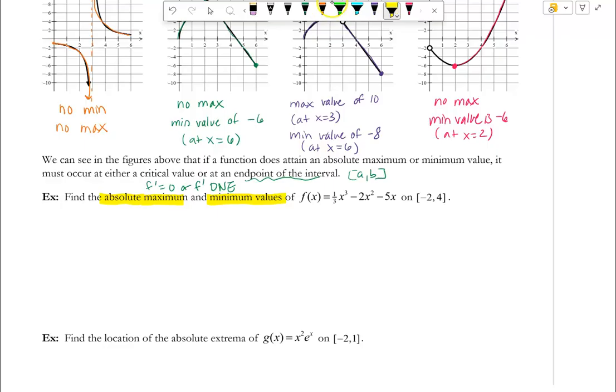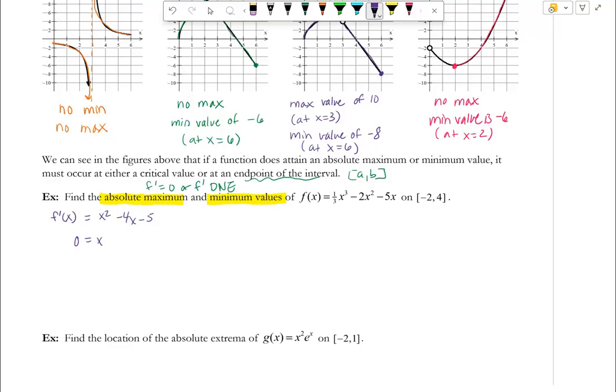So the first thing we want to do, similar to when we're finding relative mins and maxes, is we first want to find our derivative. So f prime of x, I should get, let's see, x squared minus 4x minus 5. And again, I know that this derivative is never undefined. It doesn't have a denominator.